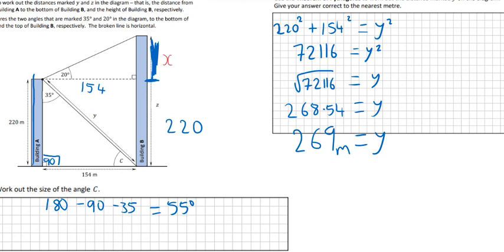There are no other x's in the question. So 20 is our angle here, so x would be the opposite. That's what we're looking to find out, and 154 is the adjacent. So we've got the opposite and the adjacent, which means we're going to be using tan.